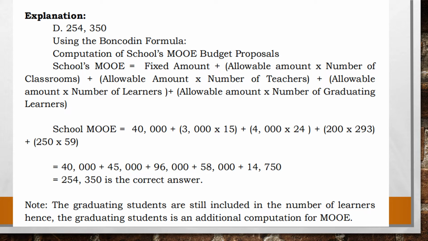So technically we have 40,000 plus 45,000 plus 96,000 plus 58,000 plus 14,750. So that is 254,350, the correct answer. That is the annual MOE of the said school. So note, the graduating students are still included in the number of learners. Hence, the graduating students is an additional computation for the MOE.